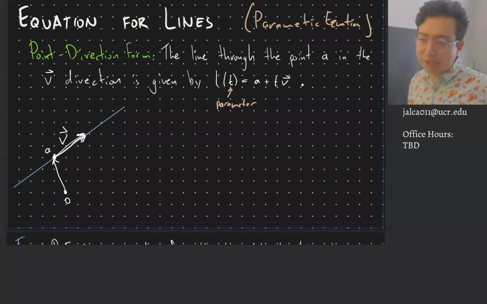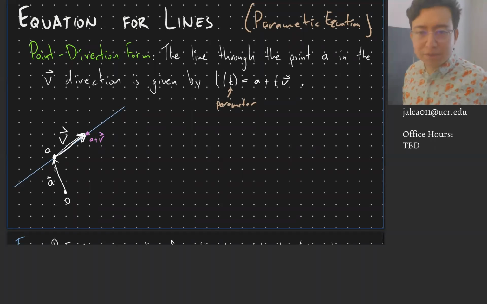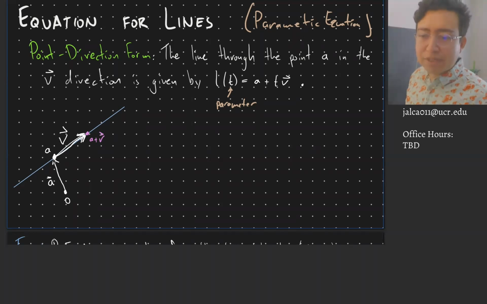For example, this point here, maybe I'll use a different color, is just the vector given by A plus V. So this vector here I can call the vector A, and this is the point A, the point the vector points at from the origin. Okay, so that's what we talked about a little yesterday, the difference between a point and a vector.